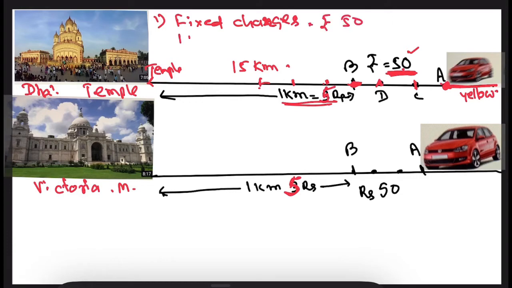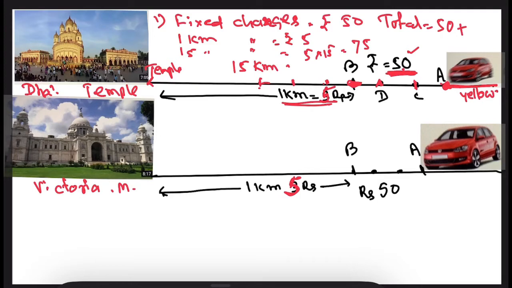After that, the charge for 1 kilometer equals 5 rupees. From B to the temple is 15 kilometers, so 5 into 15, that is 75 rupees. Total, when you get down here, equals the fixed charge plus this 75, that equals 125 rupees you will pay.